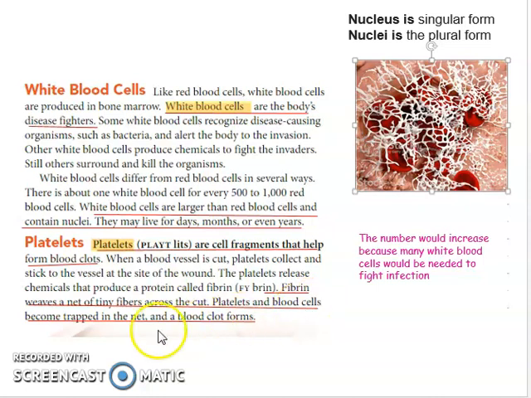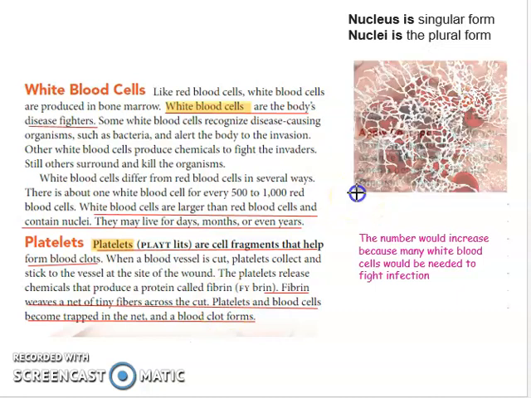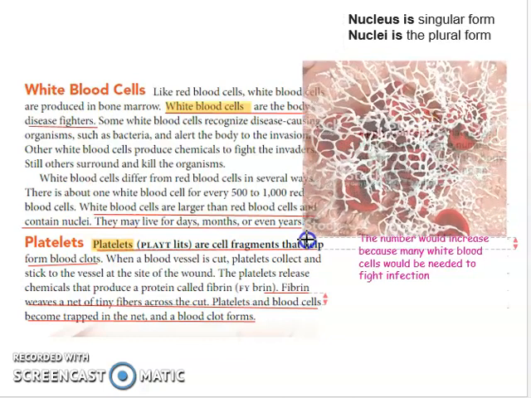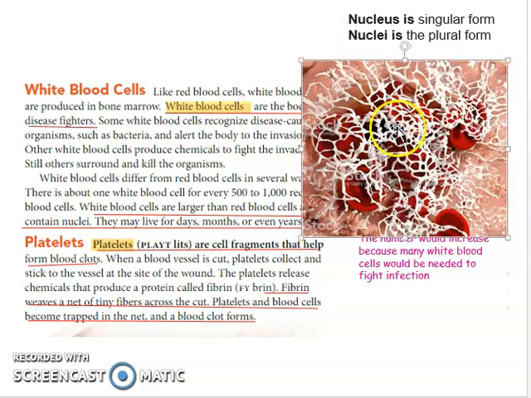Fibrin weaves a net of tiny fibers across the cut. So if we try to look at an example of wounds or cuts, and then fibrin is in action, it is weaving a fibrous net. So it looks like this one. This fibrous net helps to trap the red blood cells from flowing out of the wounds.